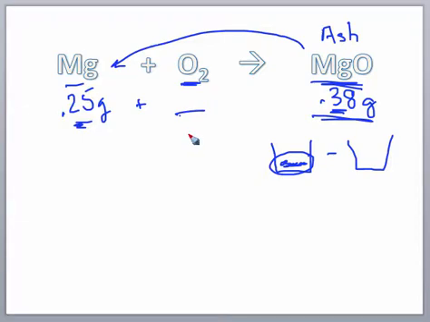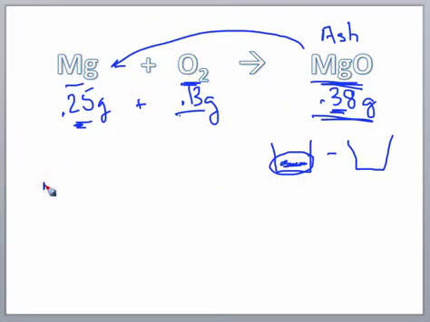If that's not the case, in other words, you did the lab and the mass of your ash is less than the magnesium, what you should do is just double the mass of the magnesium and use that as the mass of the ash. That's hard to say. Alright, so when I subtract those two values, I'm going to get 0.13 grams of oxygen that reacted.